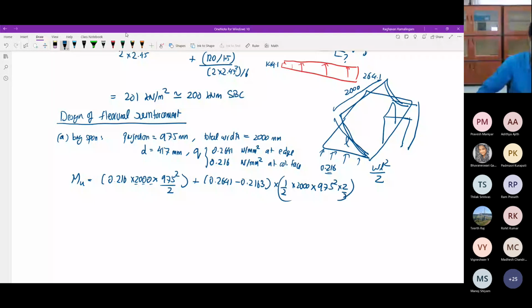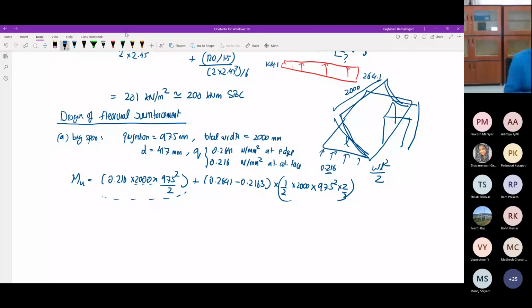So this is if I am just simply going to say that it's a rectangle. If you consider the whole thing as a rectangle, then you get this. If you want to be very simple, you can just use this.